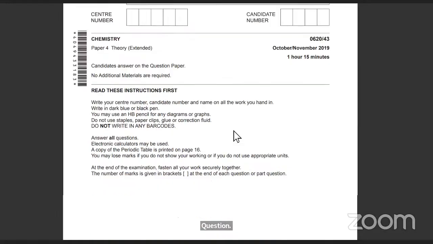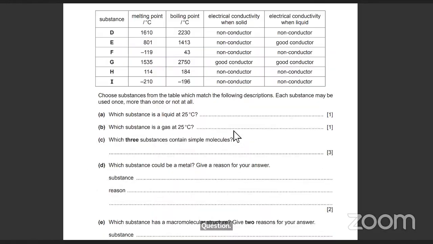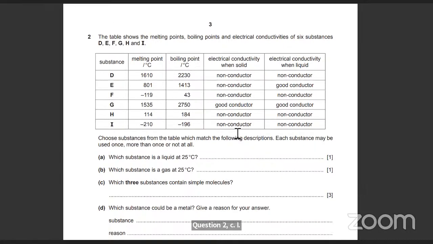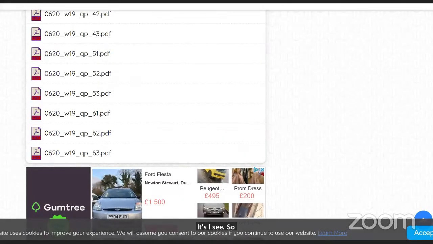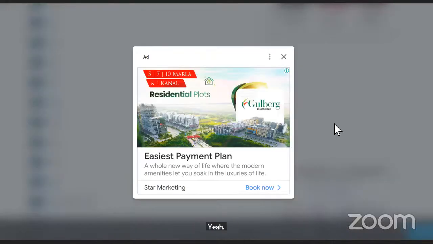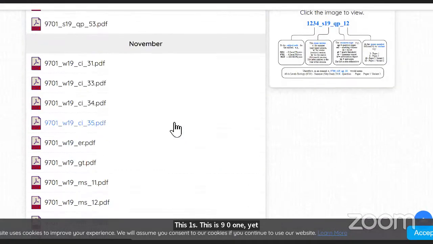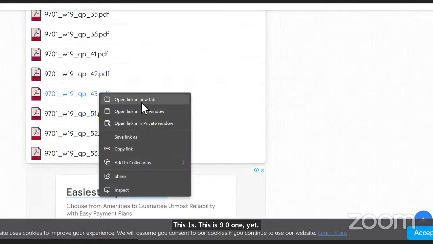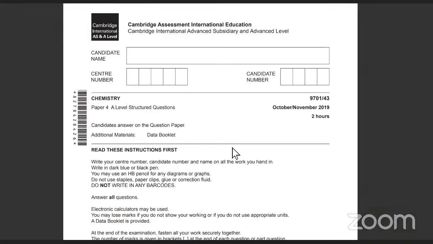Question 2, CI. Actually, sorry, I opened sorry, wrong one. This one is the wrong one. Yeah. Yeah, yes, yes. Just 1 second. This is 9701, yeah. Two C part 1, right?